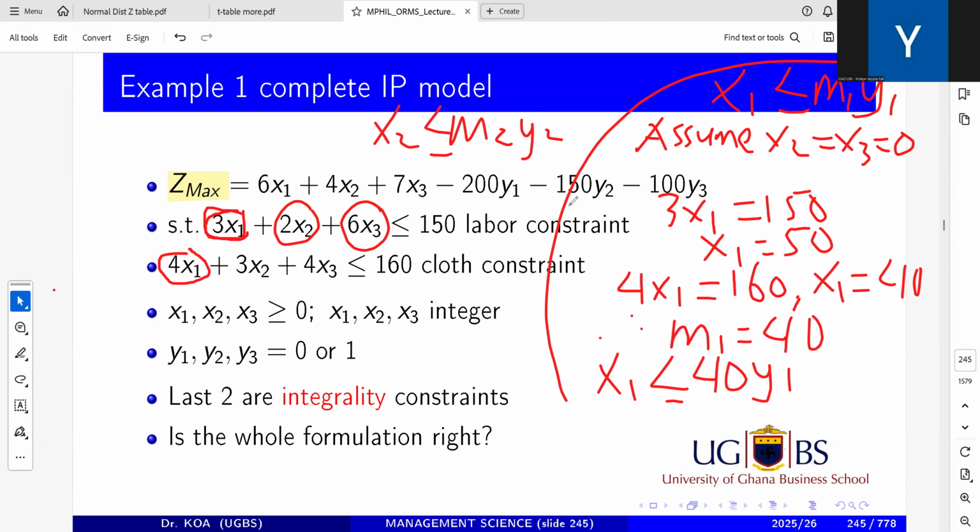No. What it means is that if you are ever able to buy or rent the shirt machinery, which is Y1, that means Y1 is going to be 1, and then the maximum you can produce for X1 is 40. If you like that 40, then go ahead and rent that machine. Okay. Thanks.